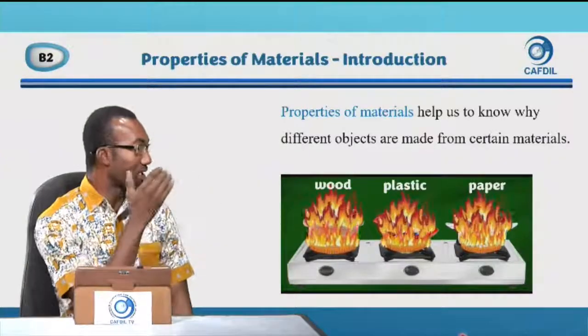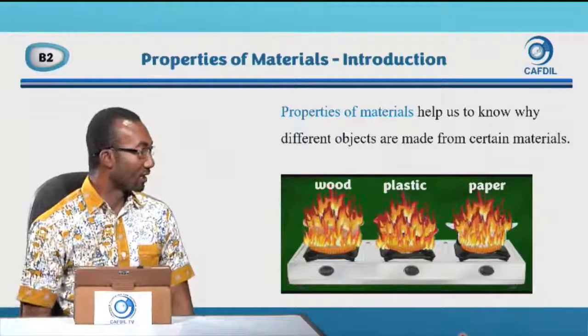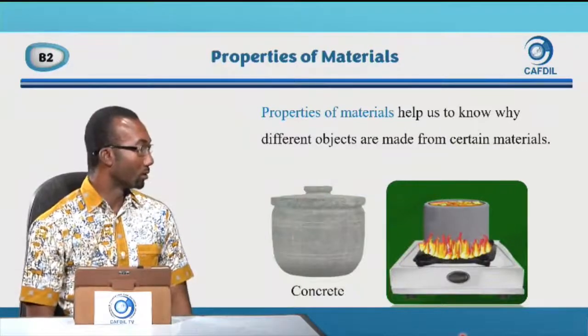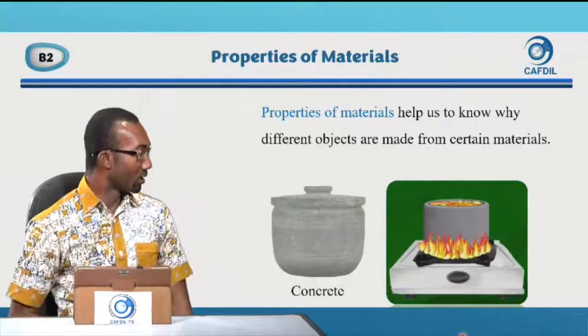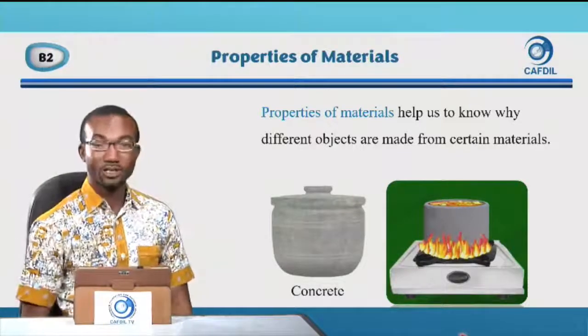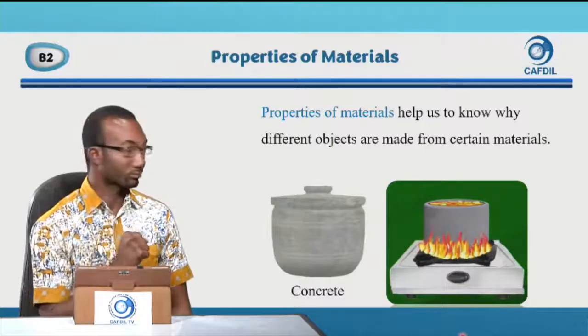Now let's look at this. Someone is saying that wood is burning, plastic is burning, paper is burning, then I can use concrete to make my bowl. So this bowl here, this cooking utensil, is also made from concrete, made of cement, sand, and then water.